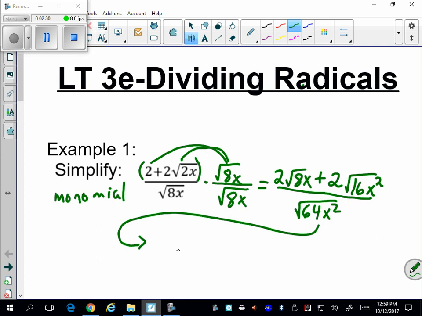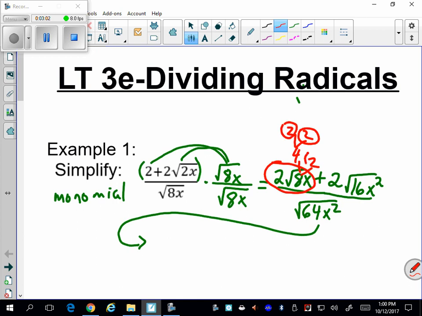Next step, after you multiply it all out, now we have to take each term. We have 3 different terms here. Take each term and see if you can simplify them. So we have 2 square root of 8x. Can I simplify that term? Yeah, the square root of 8, I can break that down into 4 and 2, and 2 and 2. And it's the square root, so we're looking at pairs.